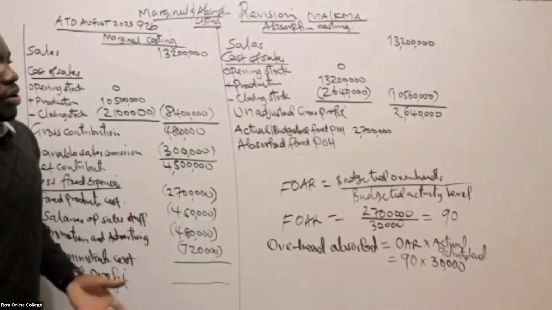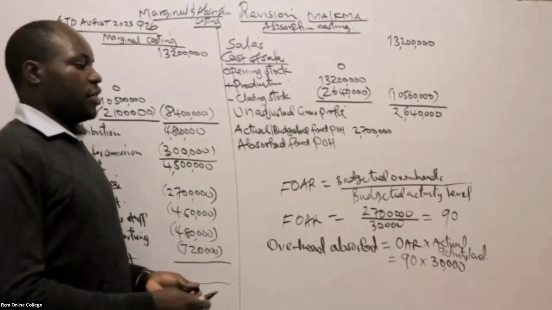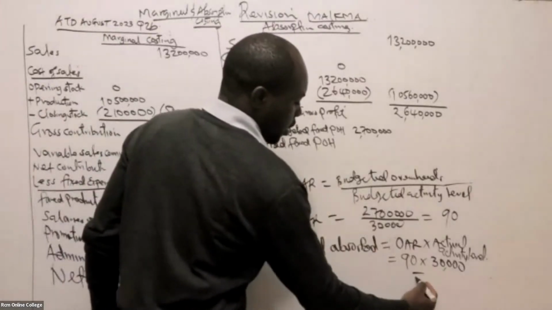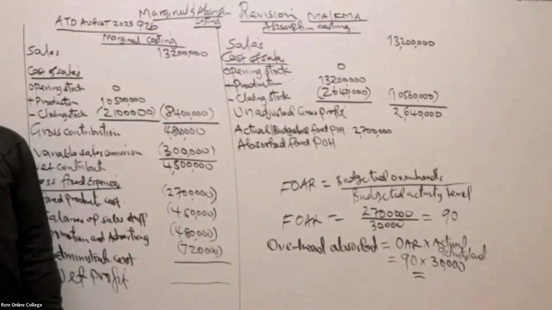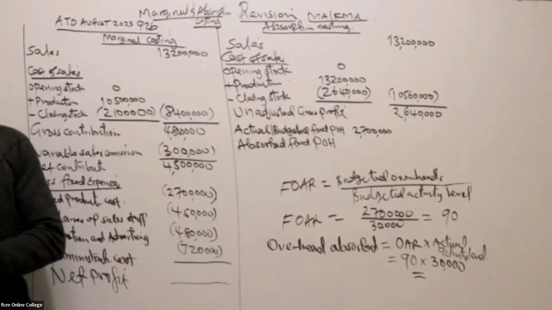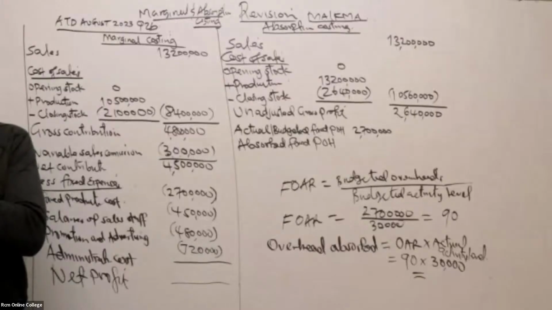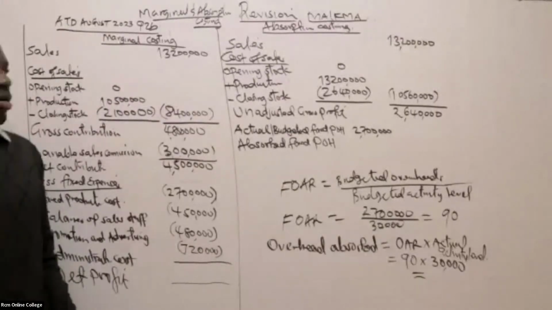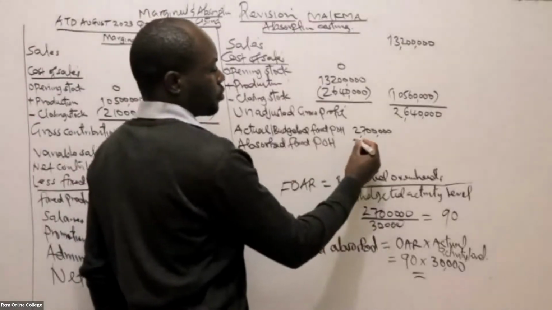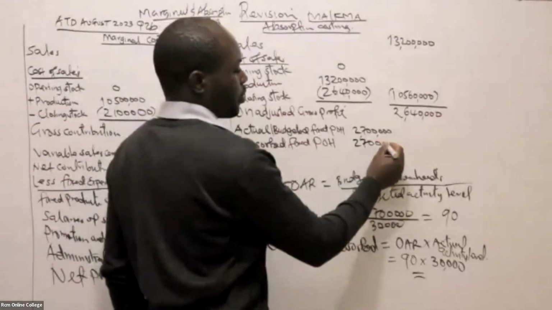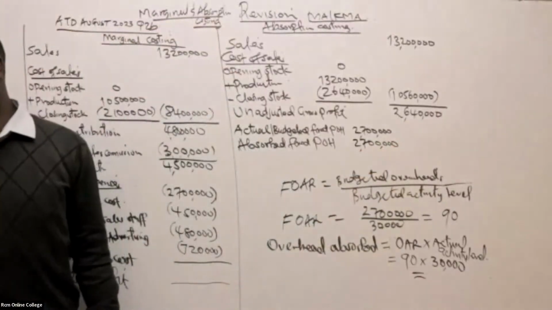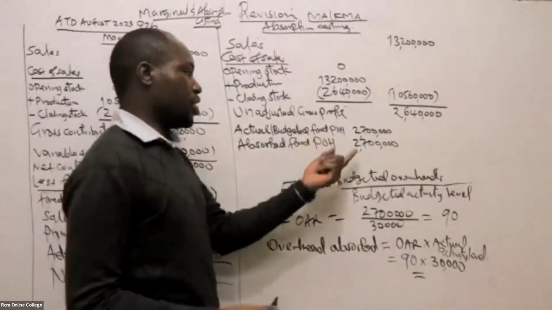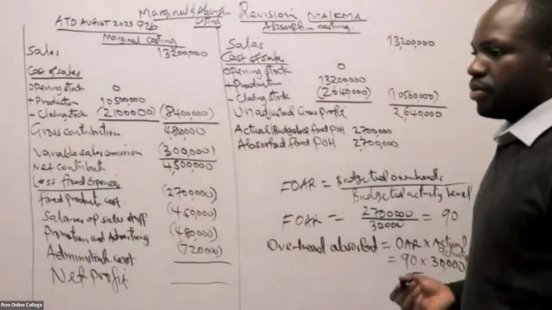Good. So having done that, we have been able to see what are we getting when you multiply? We are getting 2,700,000. Good. Now, the 2,700,000, come and compare.